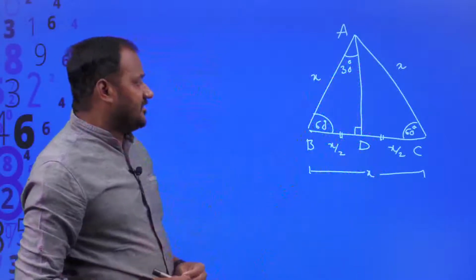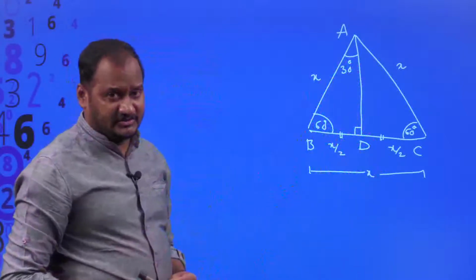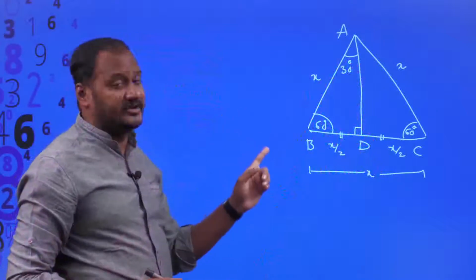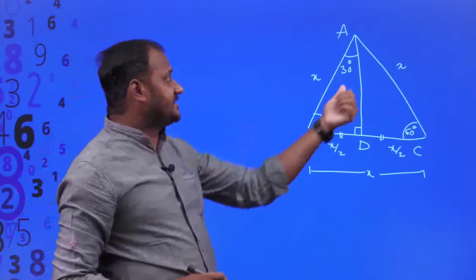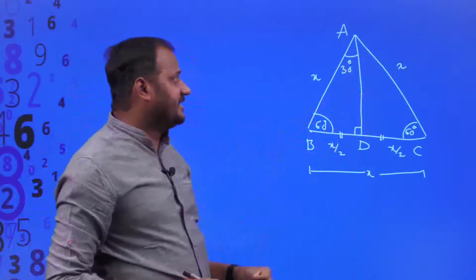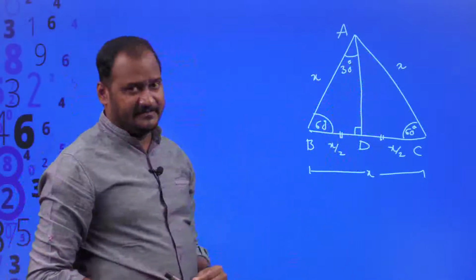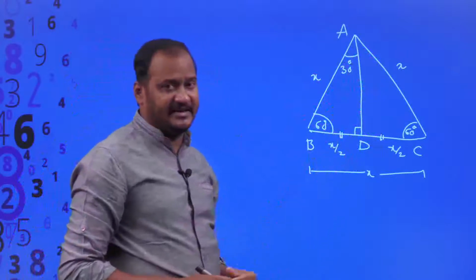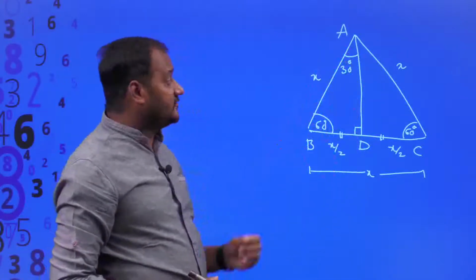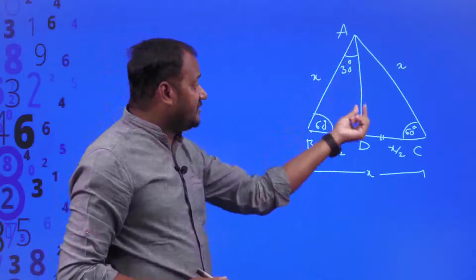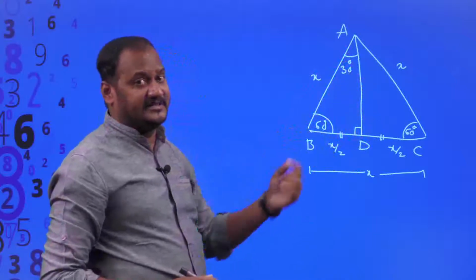Now if you want to apply trigonometric ratios, you should know all the three sides of the right angle triangle. If you consider right angle triangle ADB, we know the length of AB as well as the length of BD, but we do not know the length of AD. Can you figure out the value of AD by using the Pythagoras theorem?